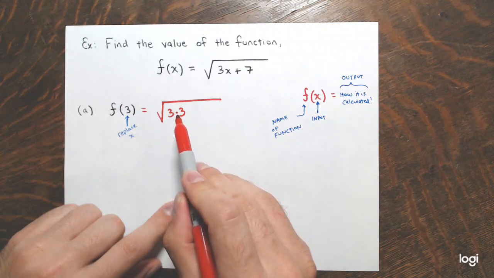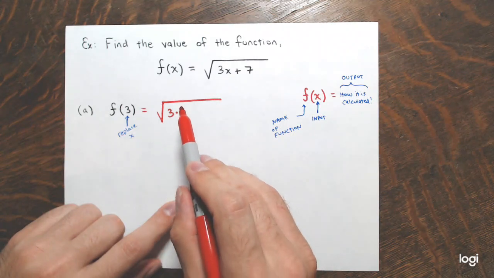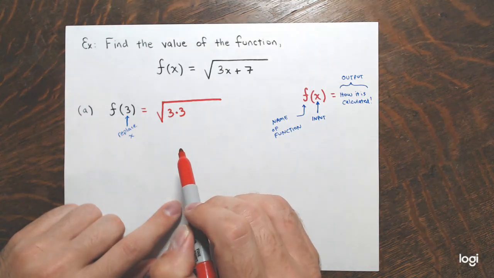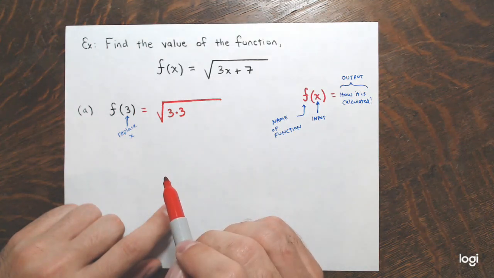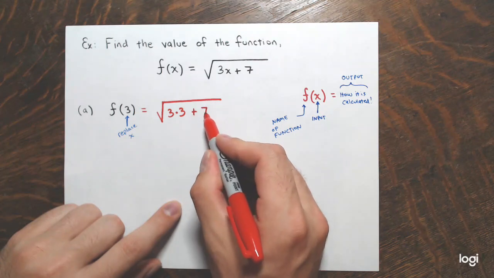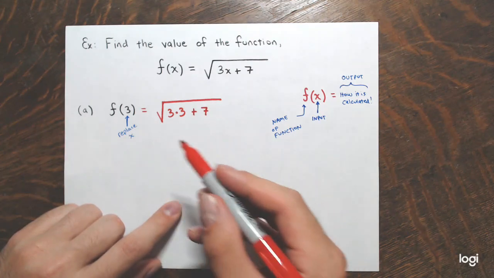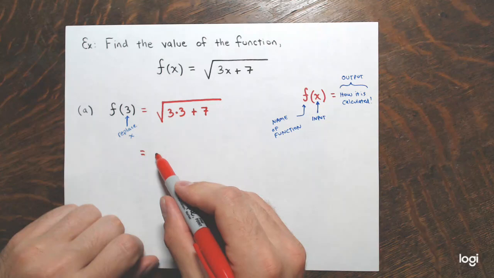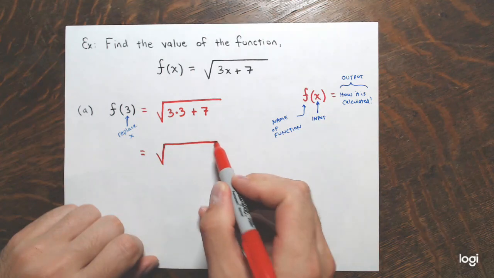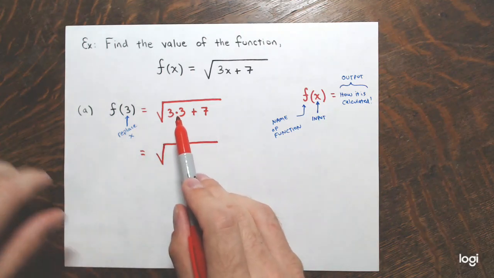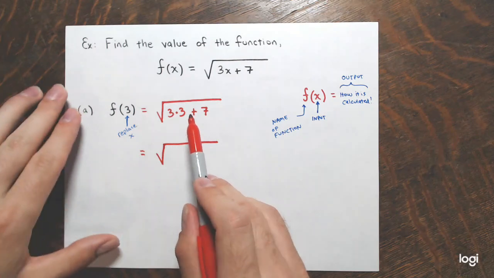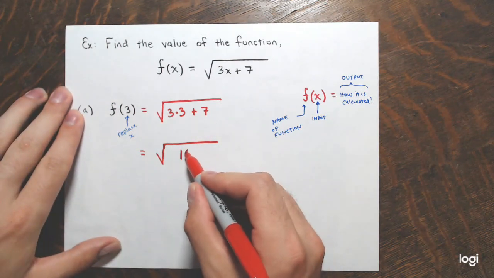Notice the dot there, so I don't confuse it with 33. Or you can put parentheses around the 3, whatever, to indicate multiplication. And then plus 7. And then we, of course, simplify this radical. The expression inside, you do multiplication before addition. 3 times 3 is 9. 9 plus 7 is 16.